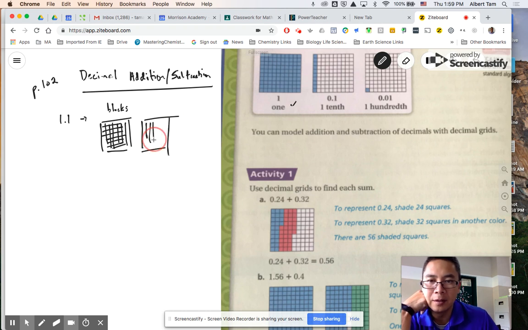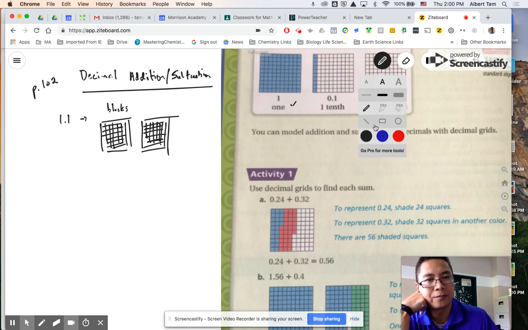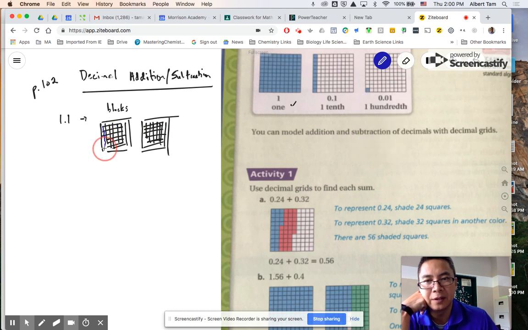Again, I'm doing this really fast. There should be nine lines drawn, but there's not. Anyways, the grid is just like a template, and then you have to fill everything in. So this is the blue that I would, in the future, neatly color in to represent the one. And then for the tenth, I just have the first column filled in, and that basically represents 1.1 with these blocks.